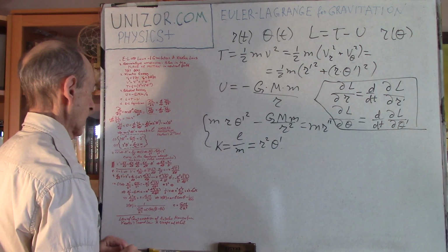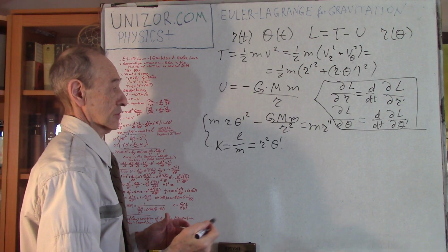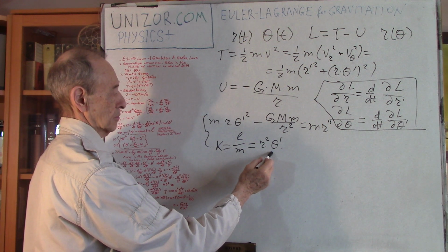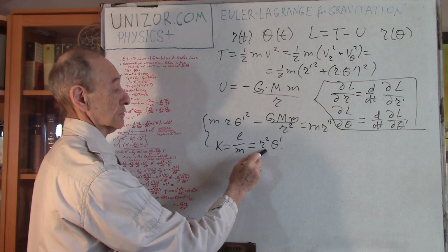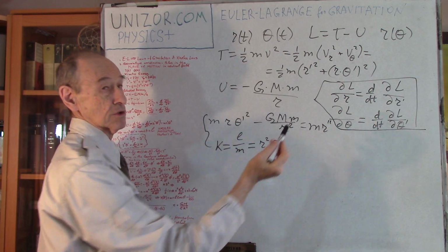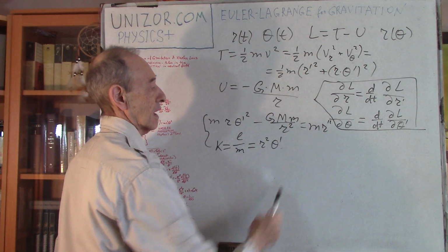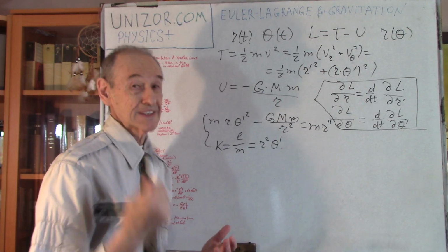Now, first of all, what we can do actually is express this theta prime as a function of r squared, put it here, and we don't have theta at all. However, we do have r double prime, the second derivative of r by time.